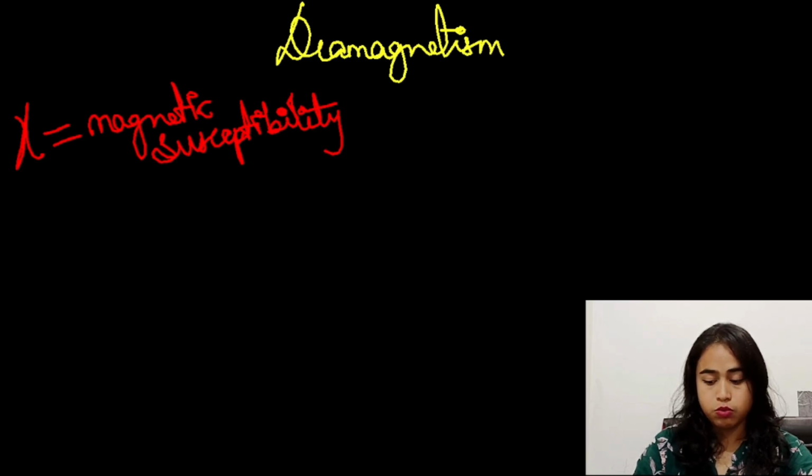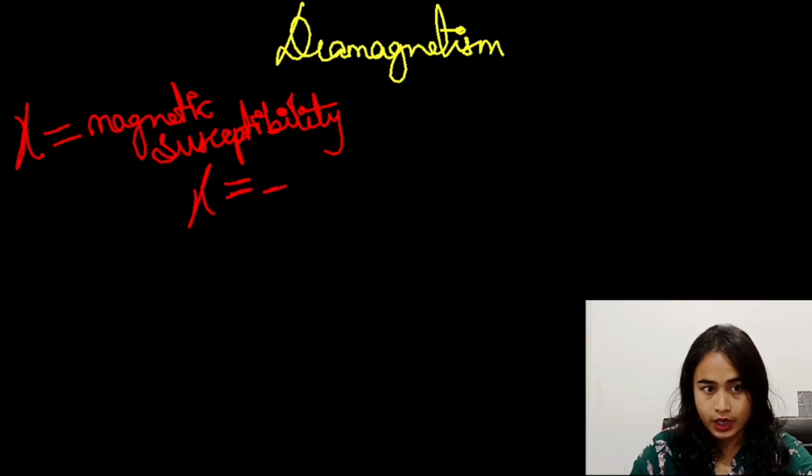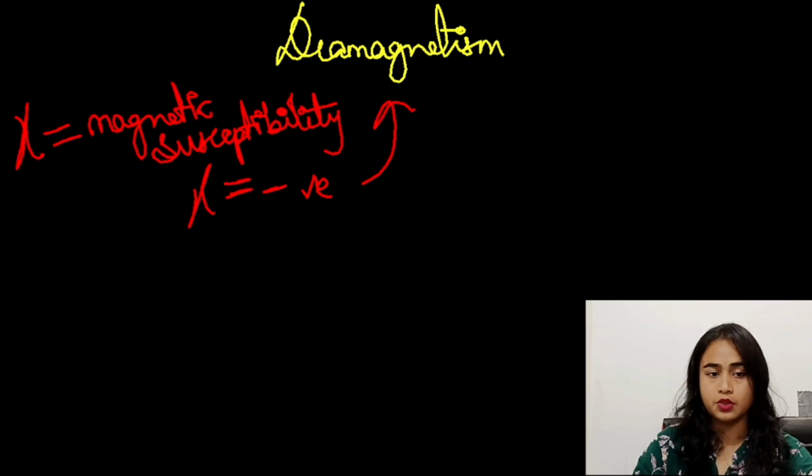So how do we know that? If the chi value is negative, it is a diamagnetic substance.